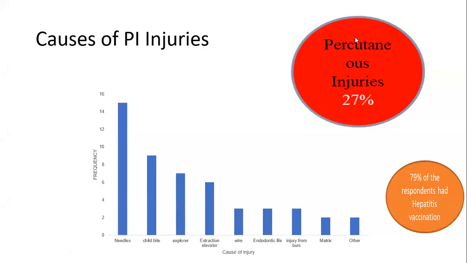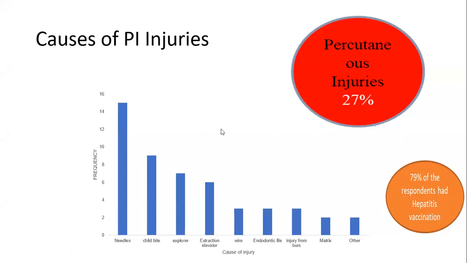In terms of percutaneous injuries, we've already said the prevalence there was 27%. Of note, 79% responded that they had received hepatitis vaccination, which means we had a gap of about 21% who had not received that vaccination.